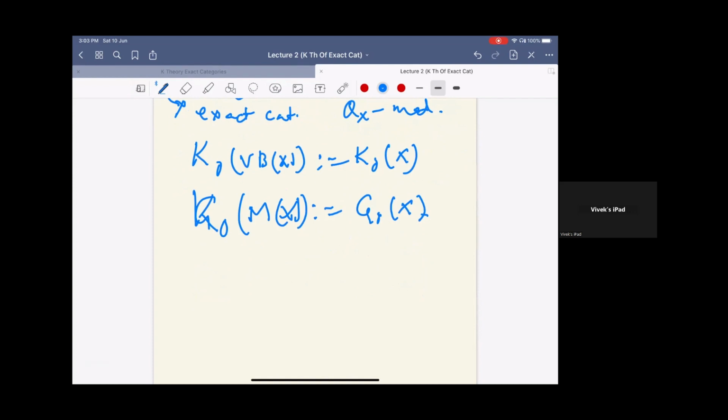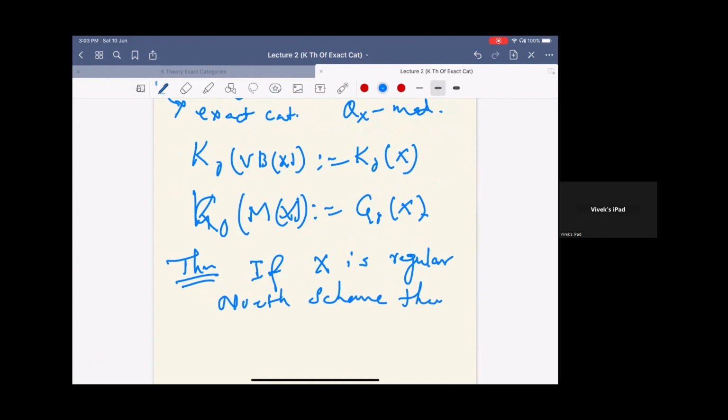Okay, so we proved a theorem: if R or X is a regular Noetherian scheme, then K-theory and G-theory coincide.